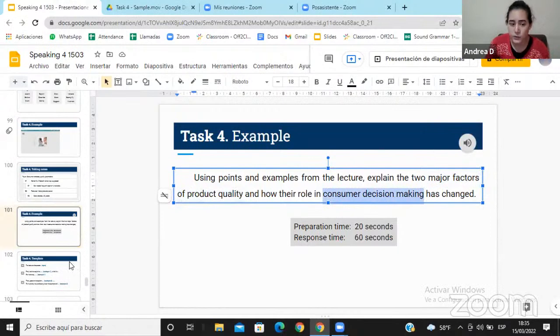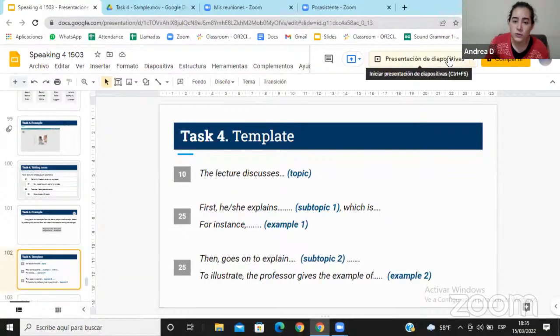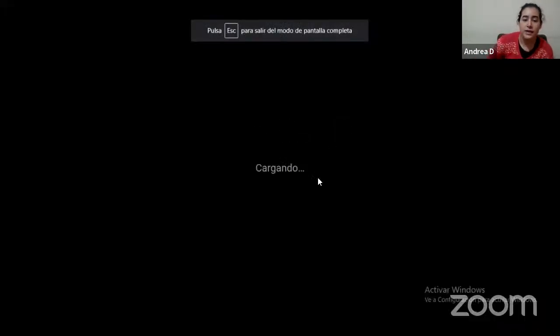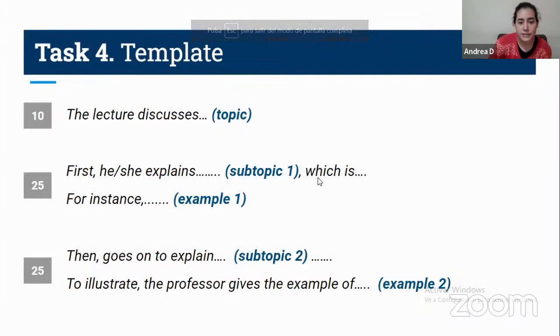And this is what Lucia also said. So you can try to use that in your introduction. You can say the lecture discusses, and then you mention what you had in the question. The lecture discusses the two major factors of product quality and how consumers make decisions. That is going to be your introduction. It's supposed to be short and quick. You don't have to explain anything else, just the topic.